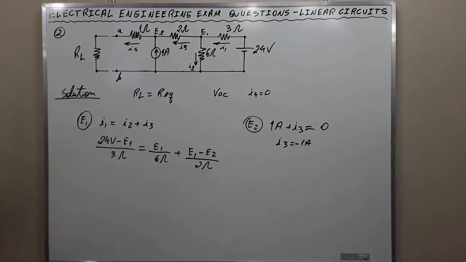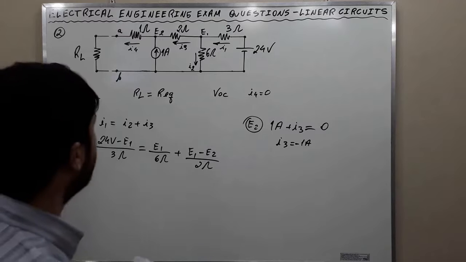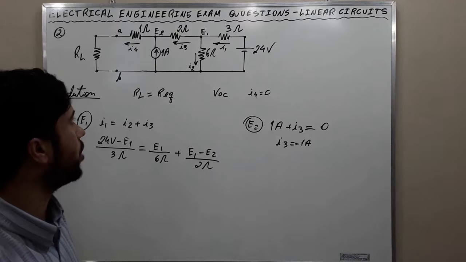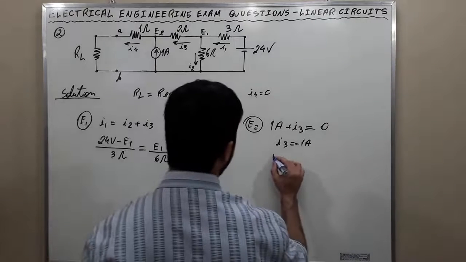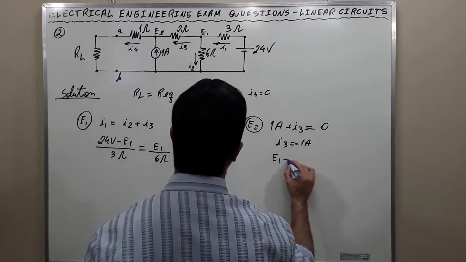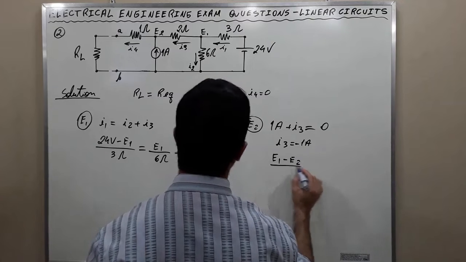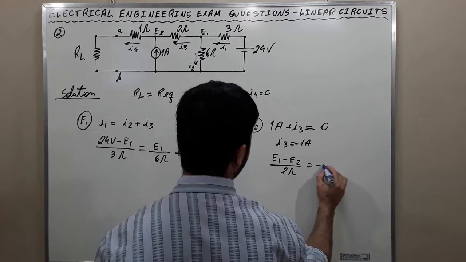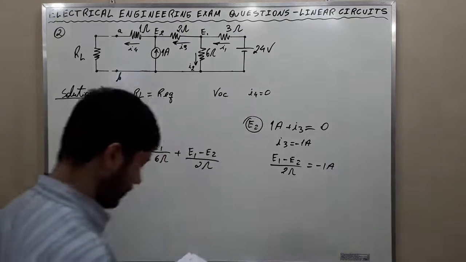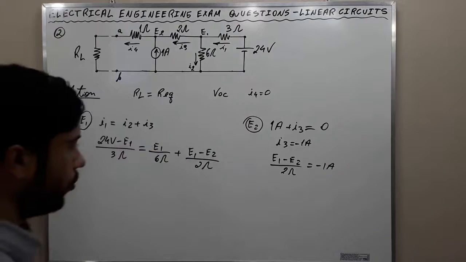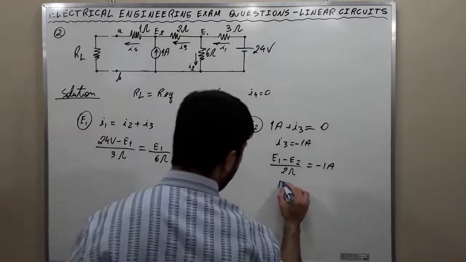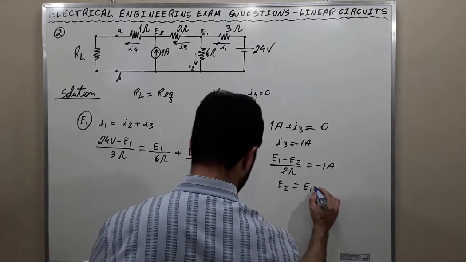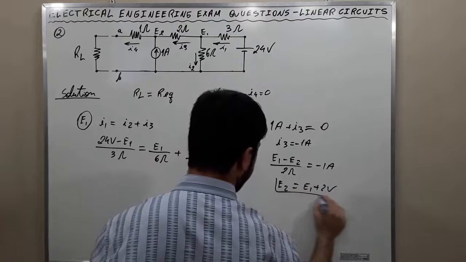But I3 can be described as E1 minus E2 divided by 2 ohms, which is equal to negative 1 amperes. And from this, we discovered that E2 is equal to E1 plus 2 volts.